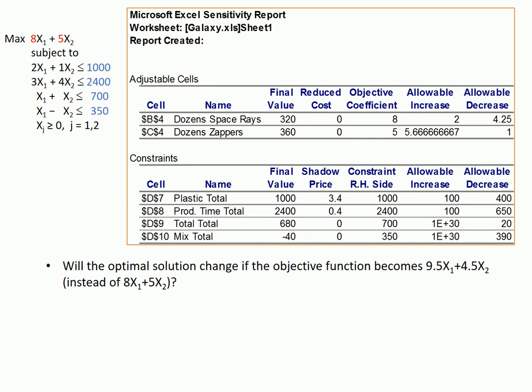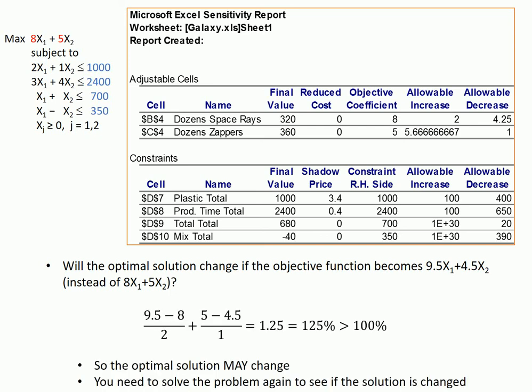Let me give you another example of the same problem. Now let's say our coefficients are going to be changed to 9.5 and 4.5. So again, we simply need to apply the 100% rule. Here it is. So we add up the percentage changes for both terms.